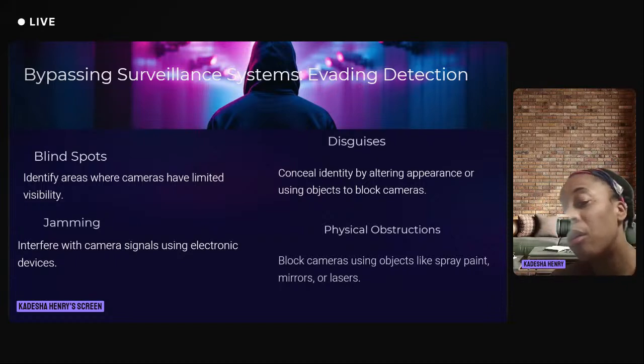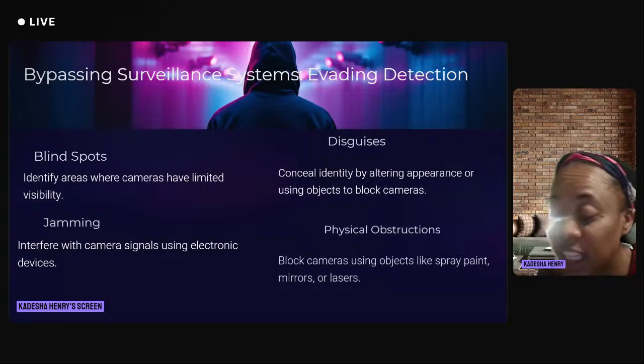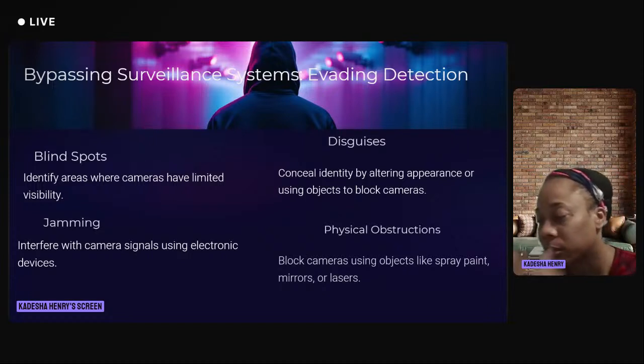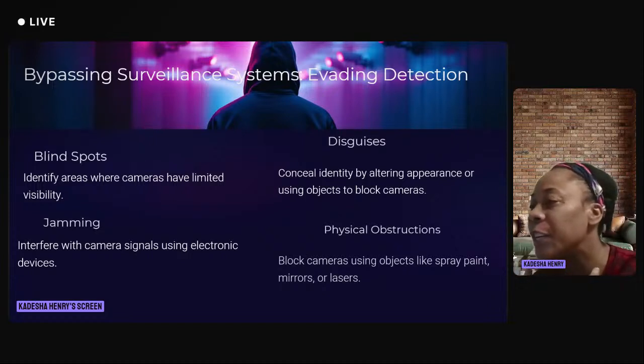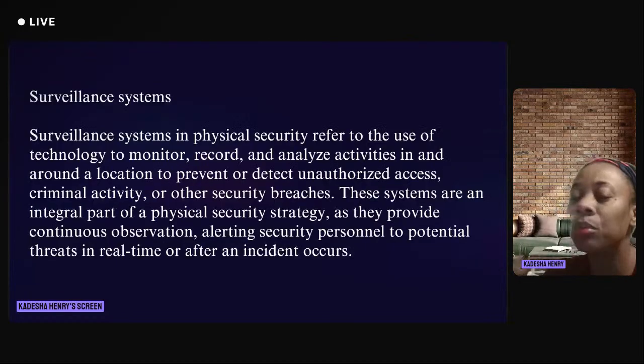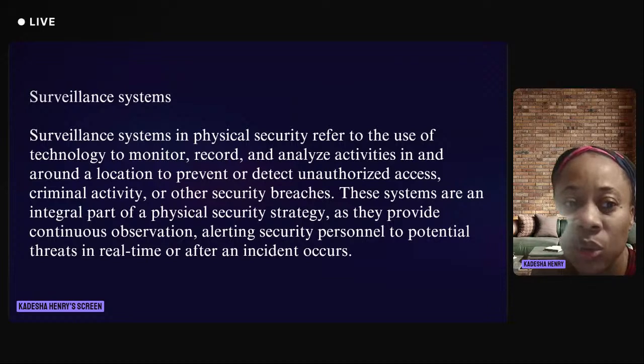They will block the camera because they want to get into the building. So anything that will prevent it. Usually when they're blocking the camera, they mask their face because they cannot go in front of the camera like that. They try to put stuff over their face so you wouldn't see who is doing it.